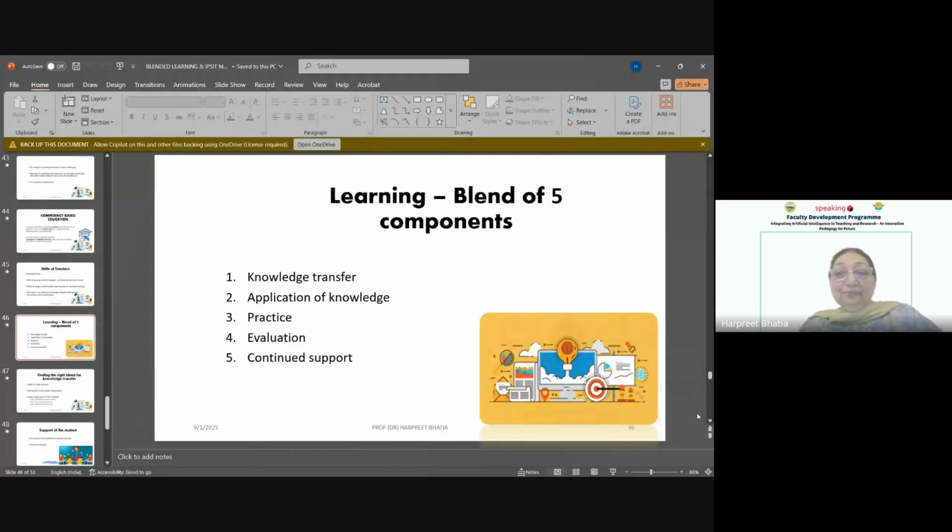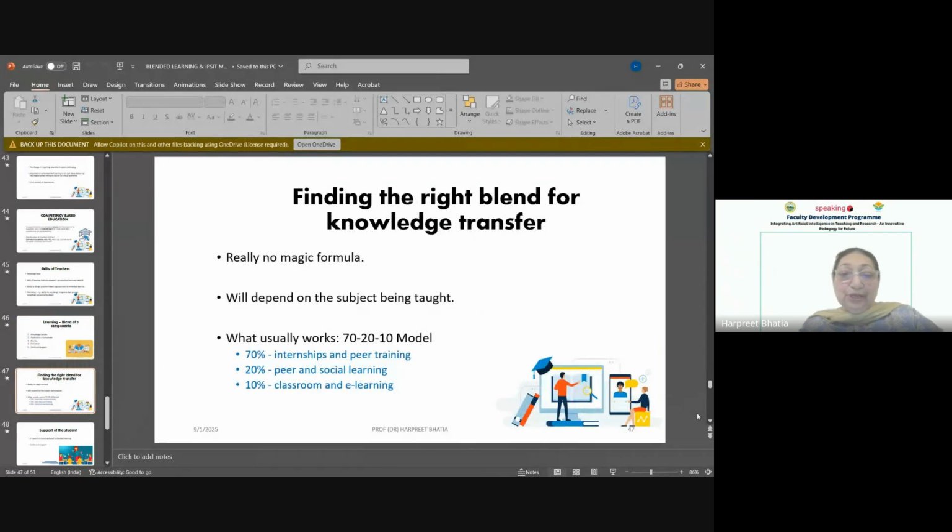So 5 components of the learning blend: knowledge transfer, application of that knowledge, practice to make sure that the knowledge becomes strong, then evaluation. After evaluation, we frequently realize that there are a lot of students who still need support, so continued support for those students.